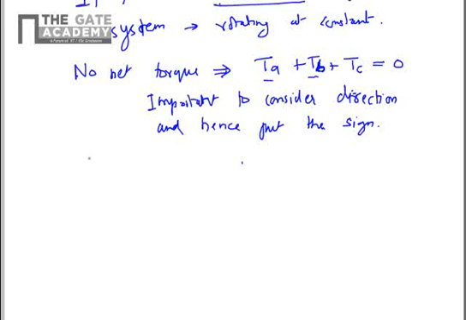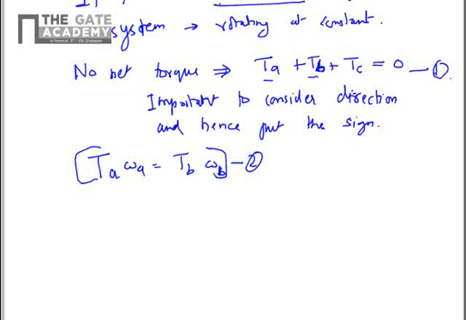Apart from the no net torque condition, you have the power, the energy conservation condition, that is input power is equal to output power, TA omega A is equal to TB omega B. By using these two equations, equation 2 and equation 1, you can calculate the torque on the system, since omega A by omega B is known.